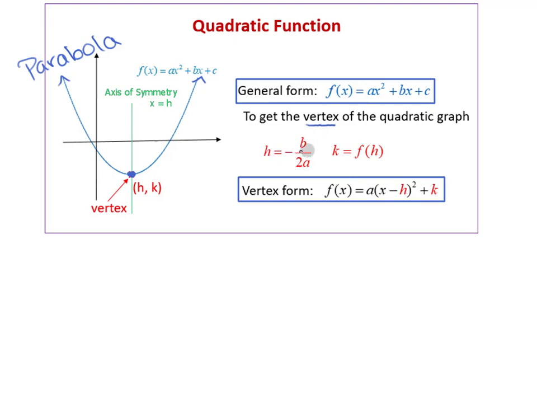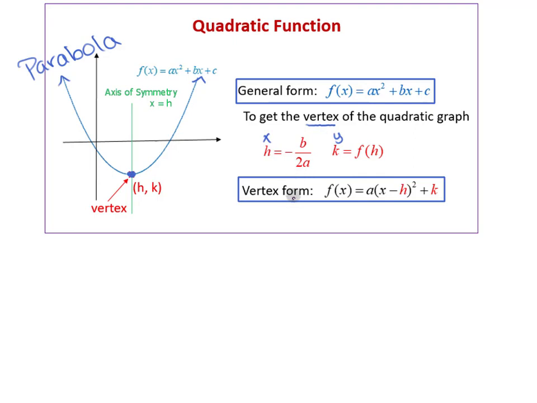So negative b, or opposite of b, all divided by 2a. Okay, the y coordinate, k, we can get by plugging h into our quadratic. So we can use this formula to get the x coordinate of our vertex, and then we can plug that value into our function for x to get y. So this gives me the x coordinate of my vertex, this gives me the y coordinate of my vertex.